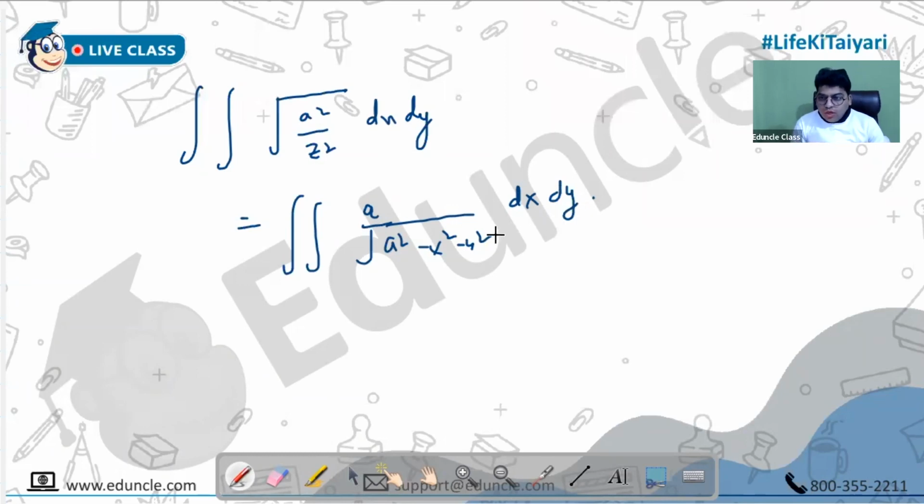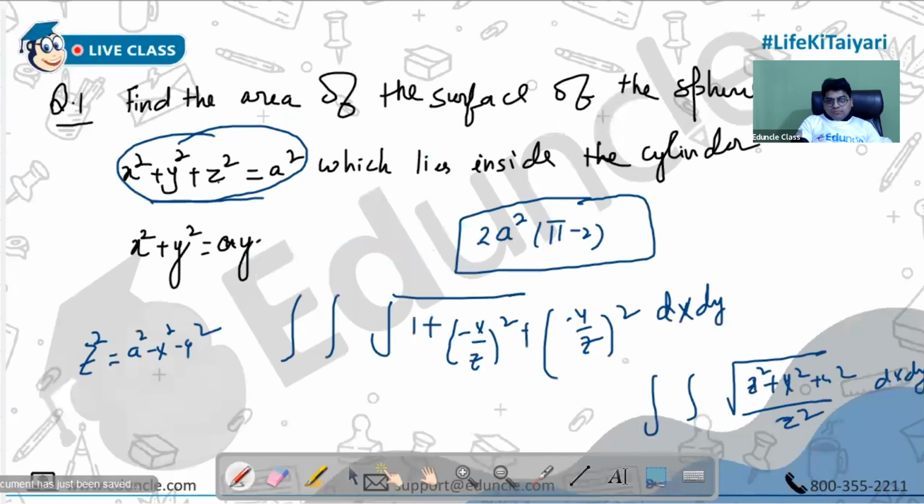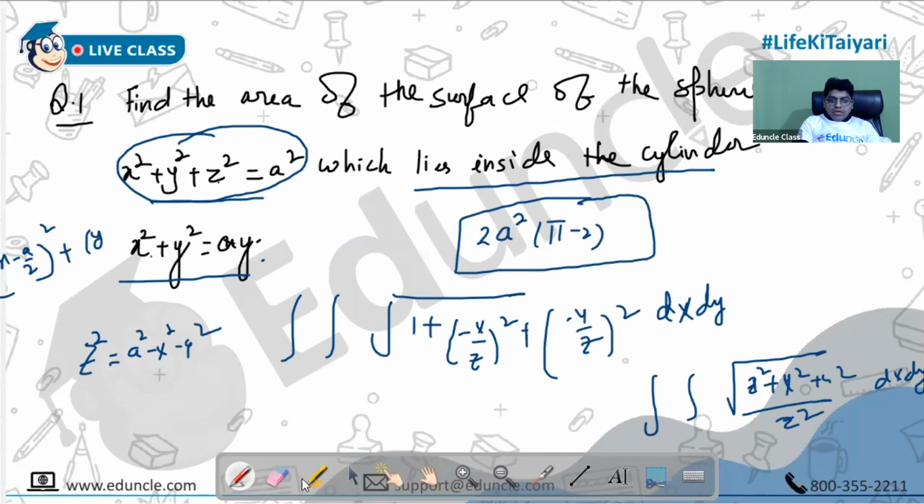Yes or no? Now tell me one thing. This is the sphere which lies inside the cylinder. The cylinder is x square plus y minus a by 2 whole square equals a square by 4. So this is the cylinder.